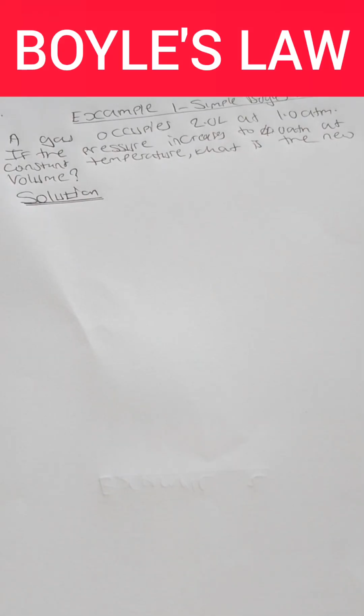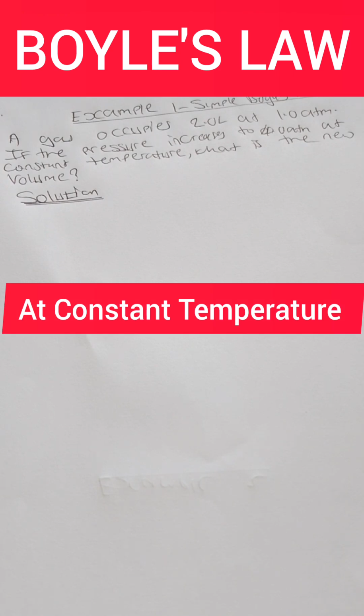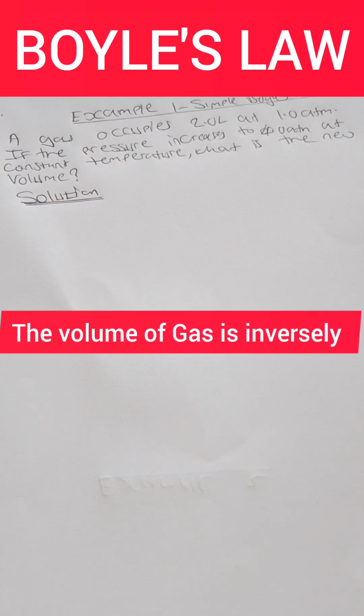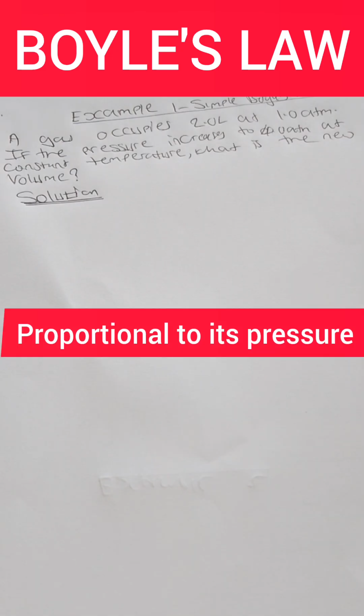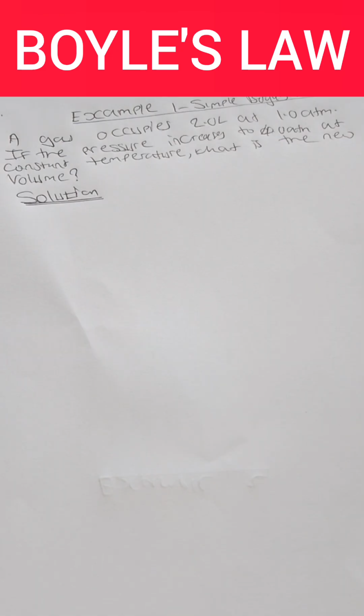Another thing is Boyle's law. Let's talk. Boyle's law is a law which states that, hear me clearly, at constant temperature, the volume of a gas is inversely proportional to its pressure.